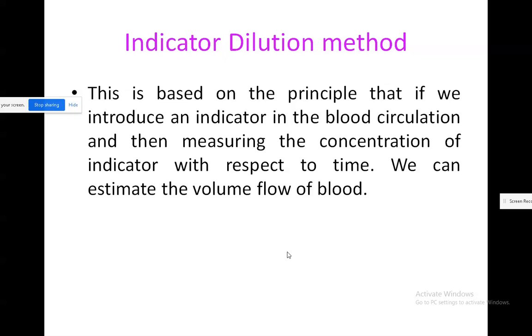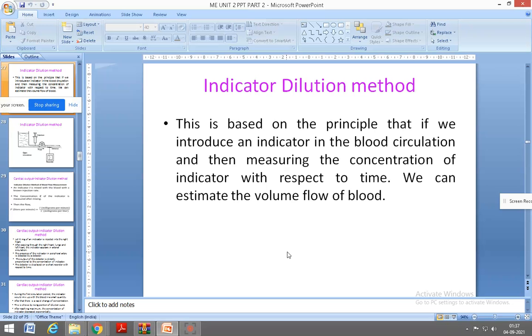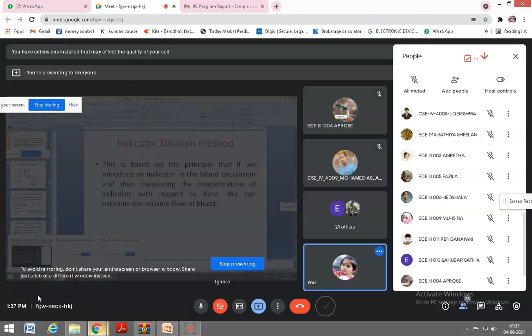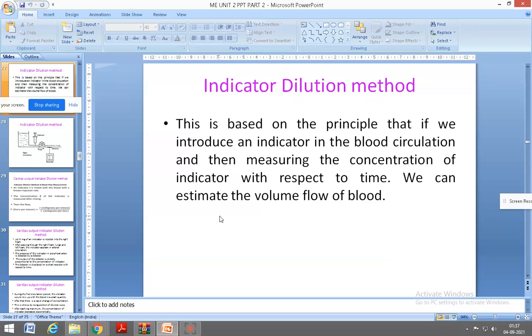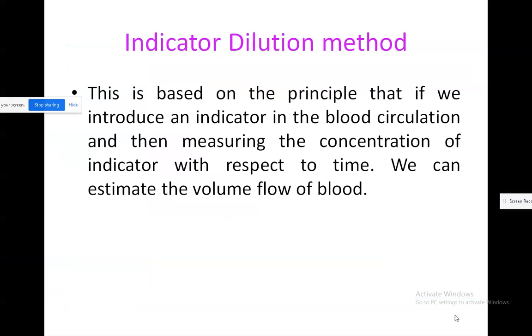Anybody knows what is an indicator? Here we are going to use an indicator to mix with the blood.